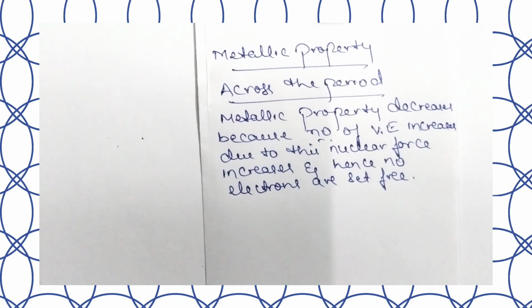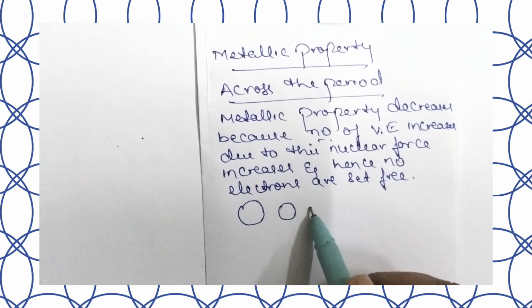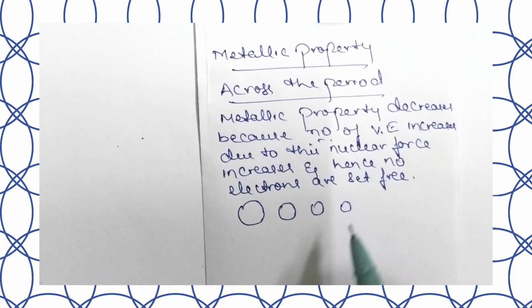So therefore, as we move across the period, the metallic property decreases. So as we move, the metallic property decreases, see.